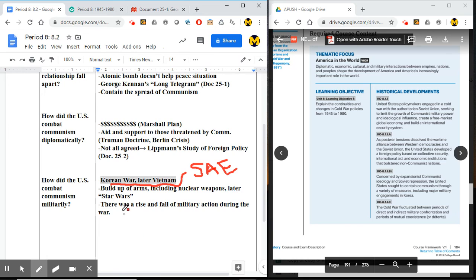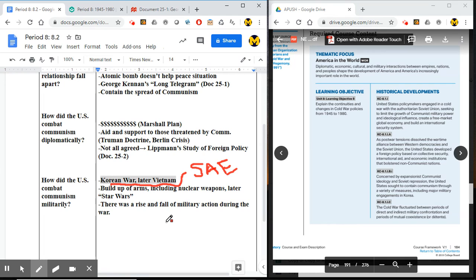So another way the U.S. does that is it builds up its nuclear weapons stash. Bombs get bigger; we make more of them. Eventually, the Soviet Union gets nuclear weapons, and they build many of those. So it becomes an arms race, with the U.S. taking the lead there, both in terms of nuclear weapons and military technology overall.